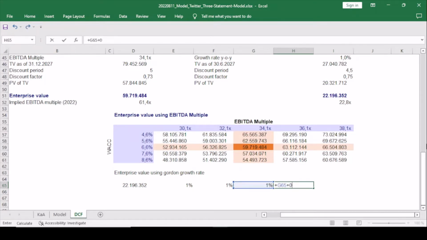So as you can see, Excel is calculating as soon as I enter some data.